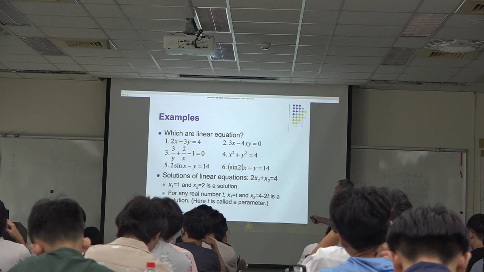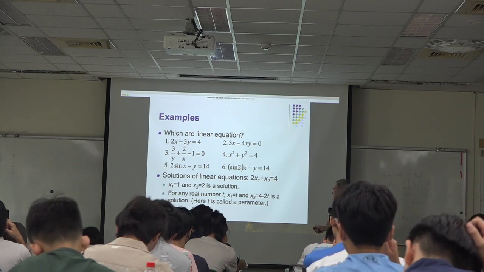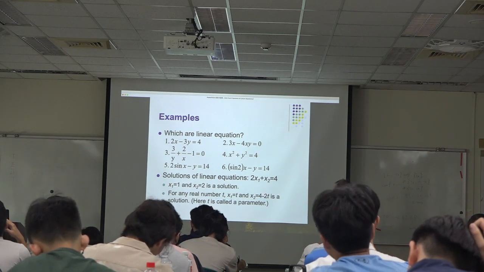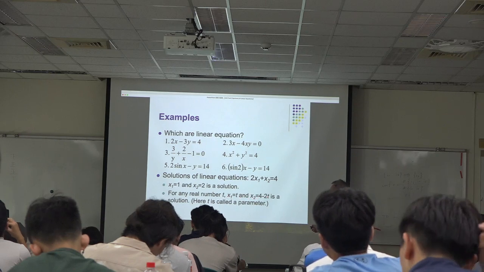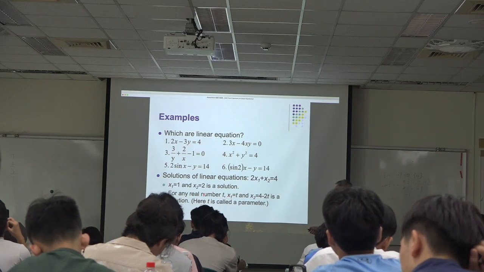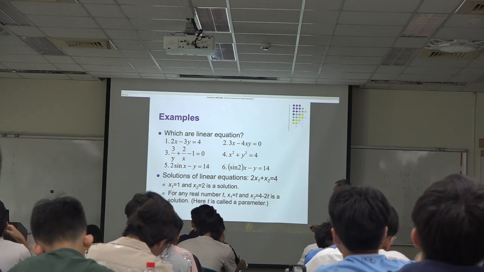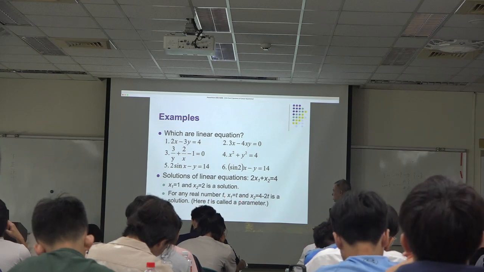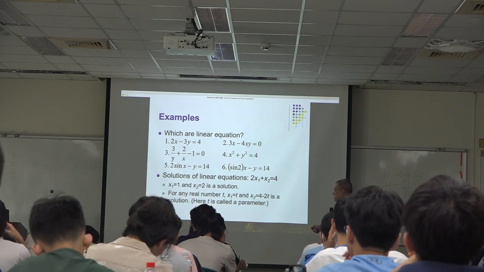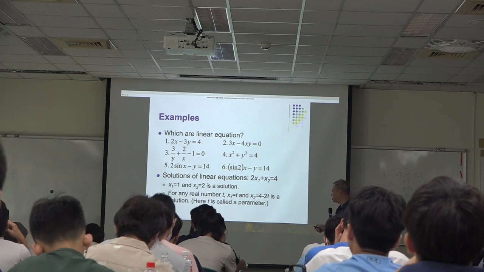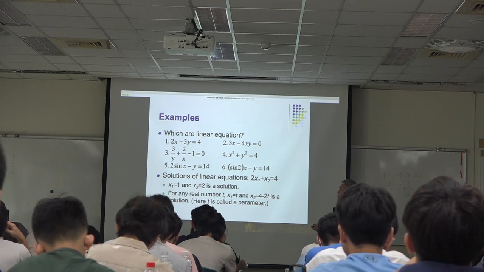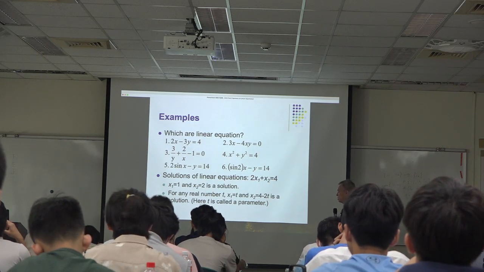So you move the 2t to the right hand side, so x2 equal to 4 minus 2t. So obviously for any real number t, making x1 to be t and x2 to be 4 minus 2t will be a solution for this linear equation.